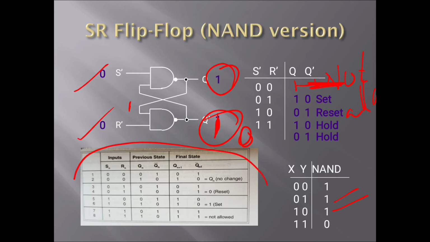Now this is the truth table of SR flip flop, in which S and R have different input values, that is 0 0, 0 1, 1 0 and 1 1, and we assume the previous state, that is Q and Q complement, as 0 and 1, 1 and 0 in every combination of input to S and R, and it will give the final state Q n plus 1 and Q complement n plus 1, means next state, next clock pulse.